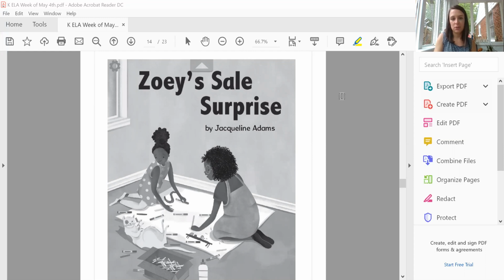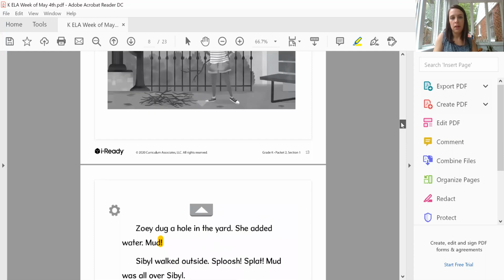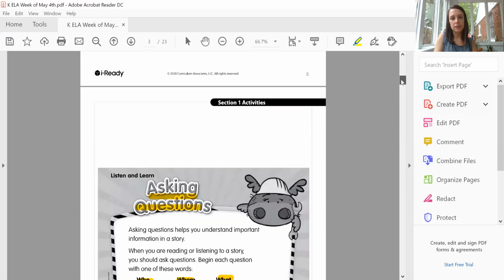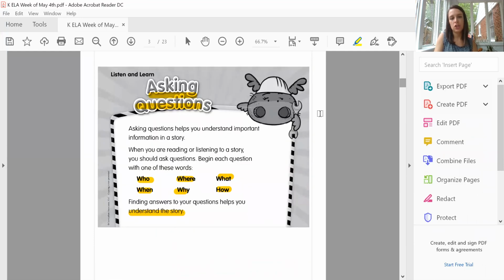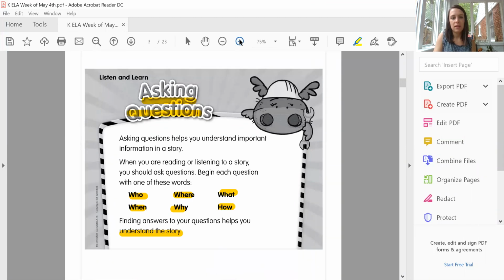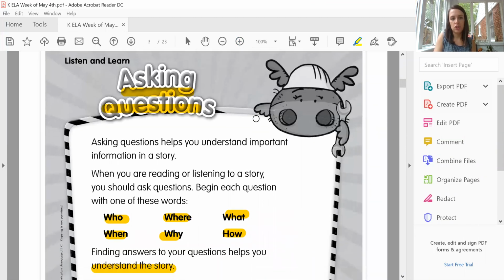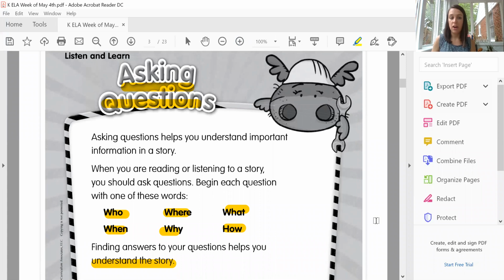Today we're going to scroll back up to the top. The strategy we're going to work on is asking questions. Remember, when we ask questions, it can help us to find our answers. When we find those answers, it helps us to better understand the story. So as we're thinking about the story, we're going to ask some questions. One of those questions we can ask is, who is in the story?